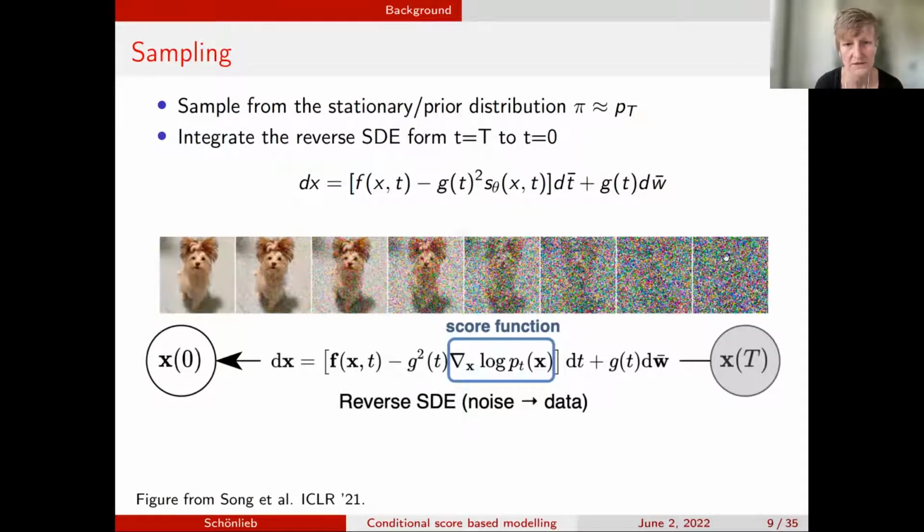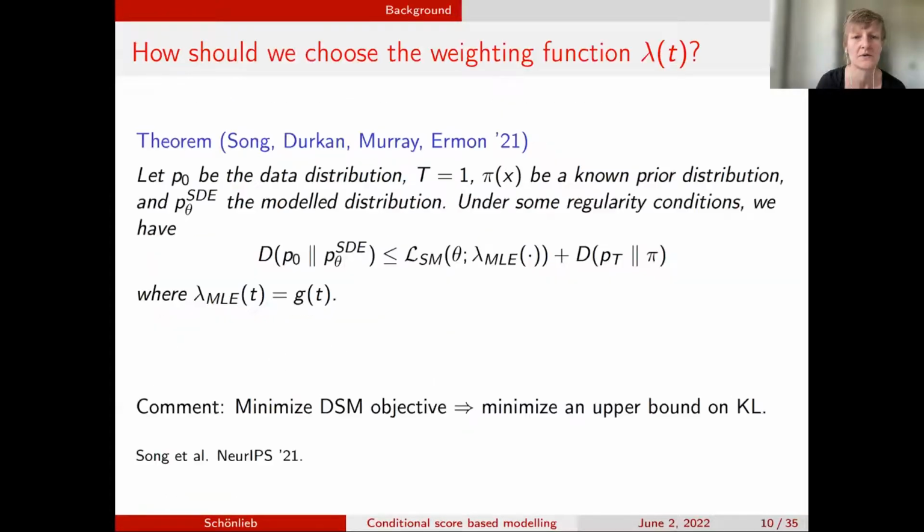Then you integrate the reverse SDE with a method of your choice, and you get a sample of something that is close to the actual image distribution, okay? And I'll make this more precise in a moment. Okay, actually I make it precise now.